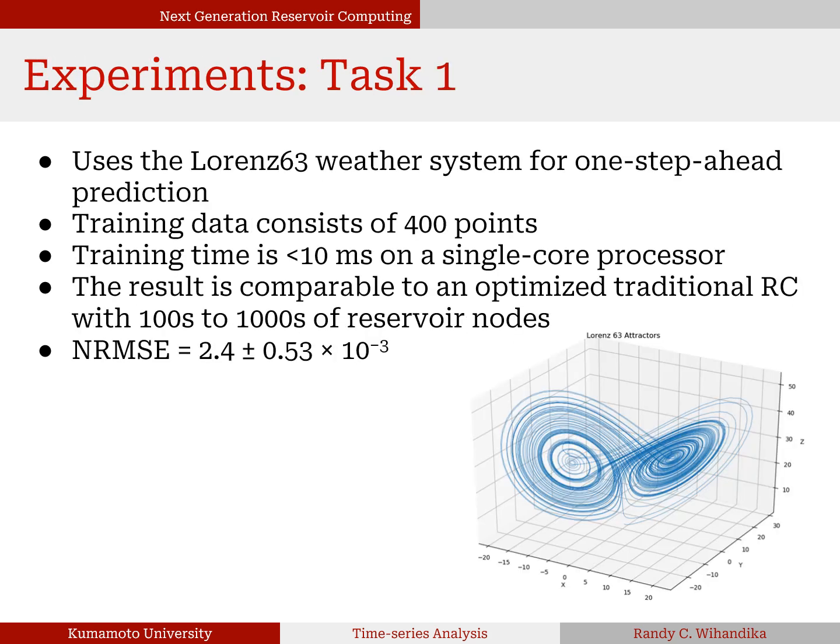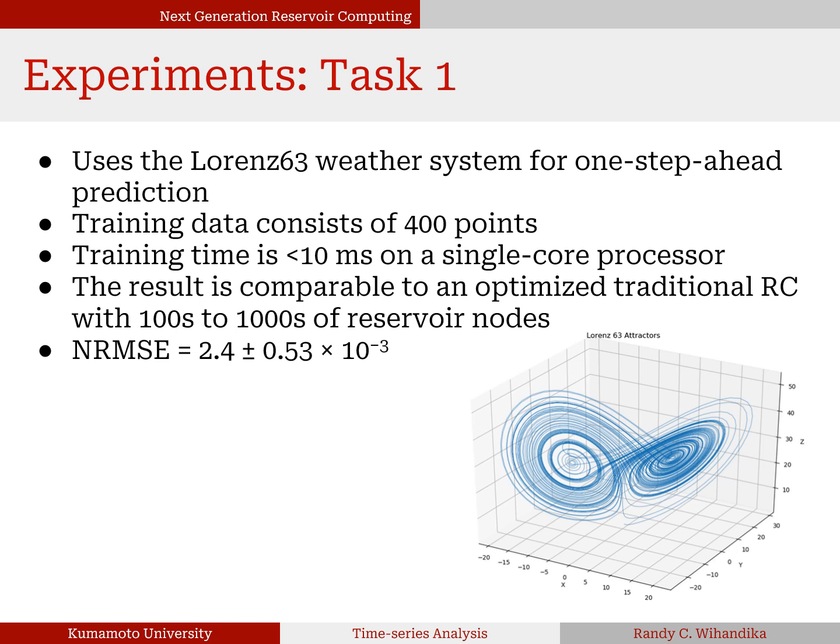Then for the experiments, the author performed 3 experiments. The first one uses the Lorenz 63 weather system for one-step ahead prediction, and the training data consists of only 400 points, and the training time is very short. It is less than 10 milliseconds on a standard single-core processor, and the result is comparable to an optimized traditional RC with 100 to 1000 reservoir nodes or neurons.